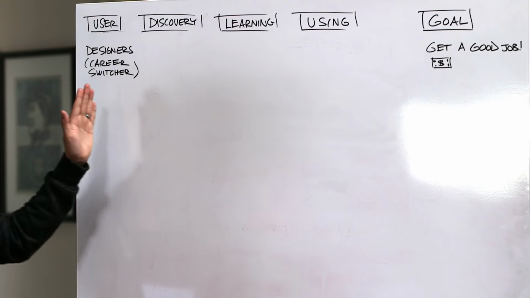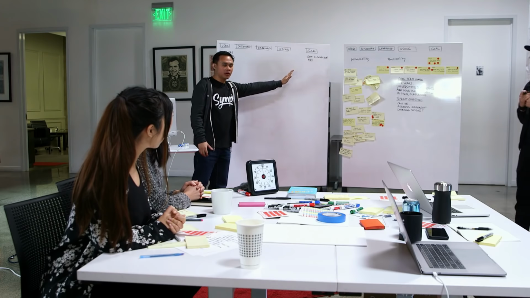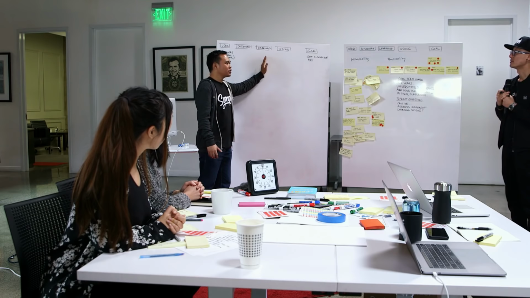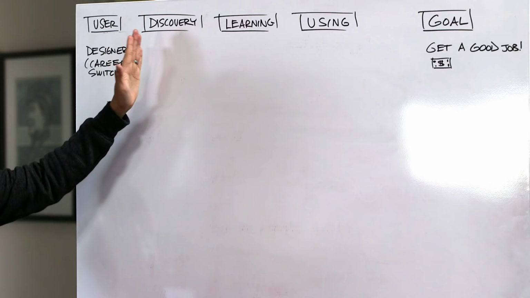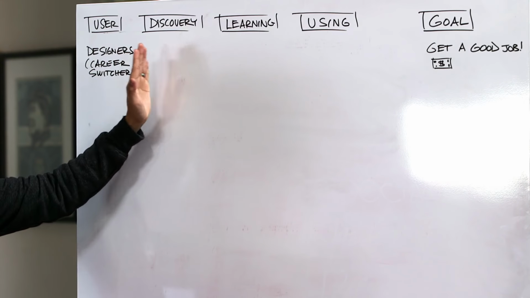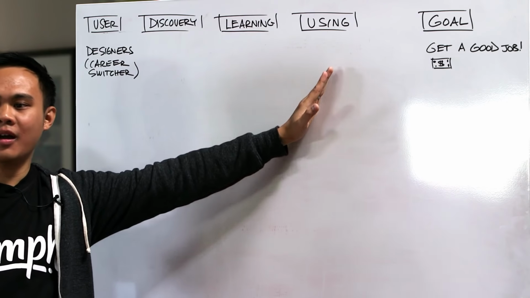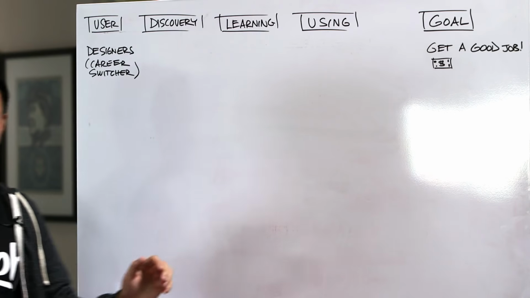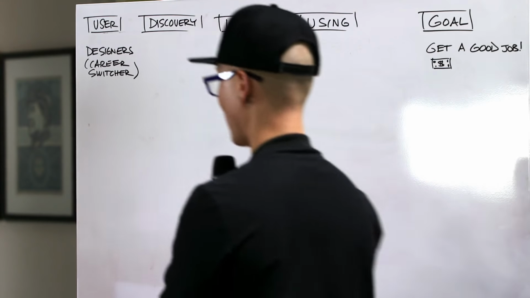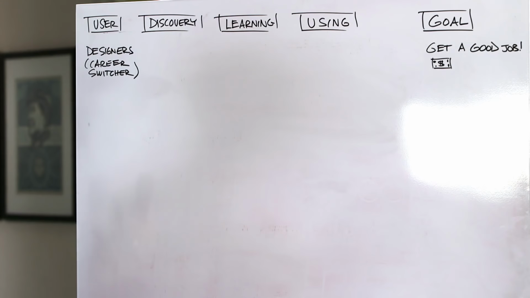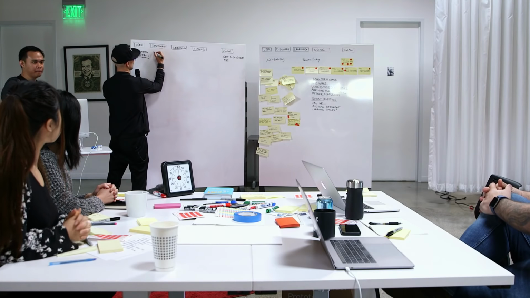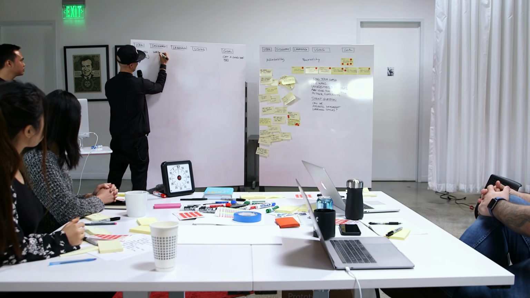Now that you have the user and the goal, you need to fill this in. How does your user discover the future? How do they learn about the future? And how do they use the future so that they end up getting a job? You write these on the board. They can help, but you take point. Okay, so I would say word of mouth first, like a friend tells them.